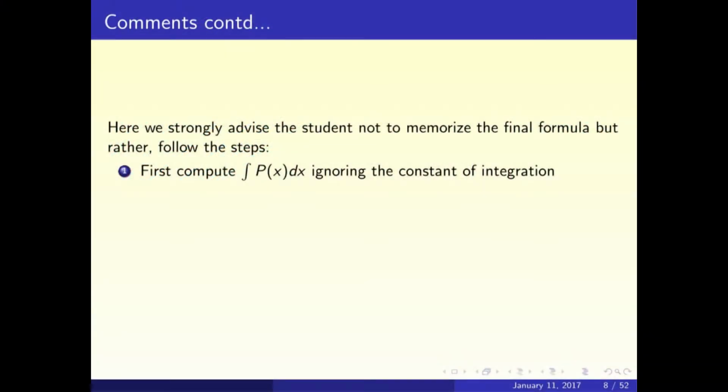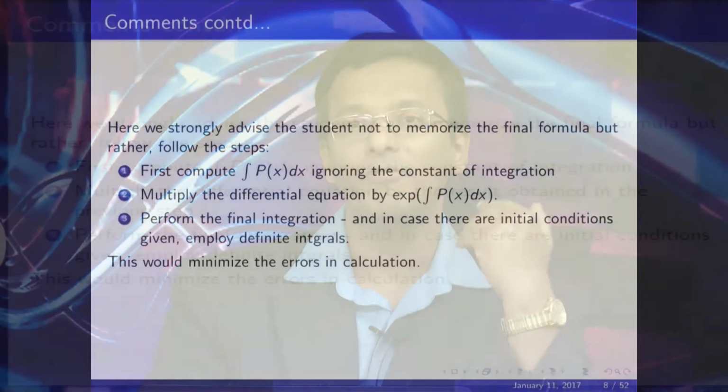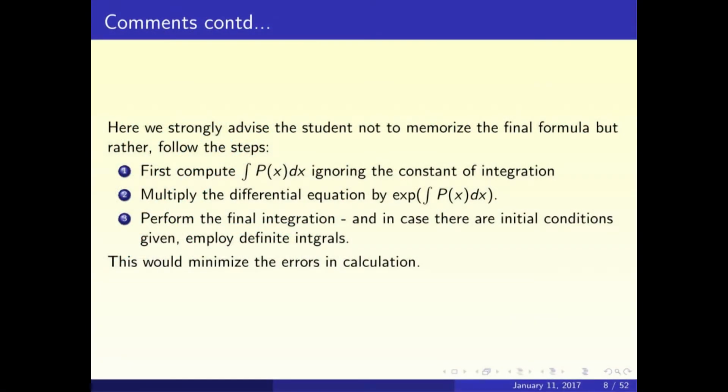First, compute integral px dx and don't put the constant of integration. Step number 1. Step number 2, multiply the differential equation by e to the power integral px dx. This is an easy step. Step number 3, perform the final integration.